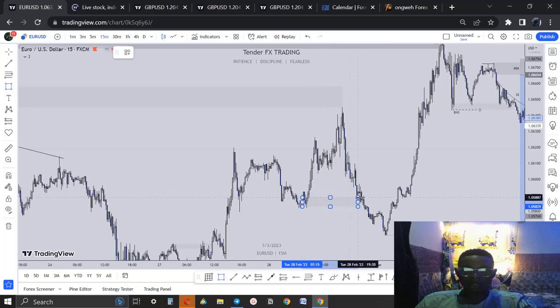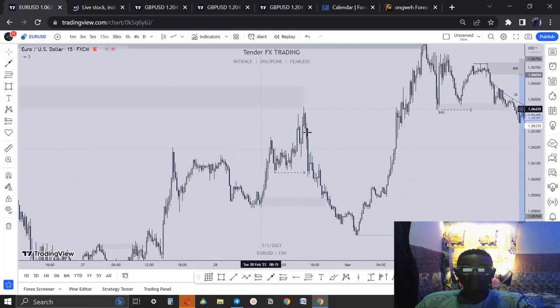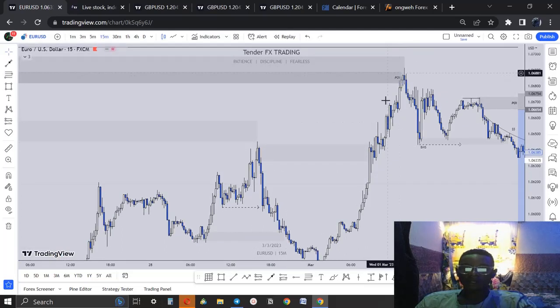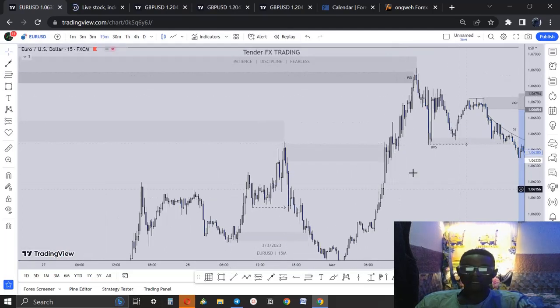Look at this low right here. This was our first break of structure. We first took out this low. So my anticipation was to see price retracing back to this supply zone, which we can see how price retraced back to. And right now we're at our second point of interest where I'm still looking to sell down from.